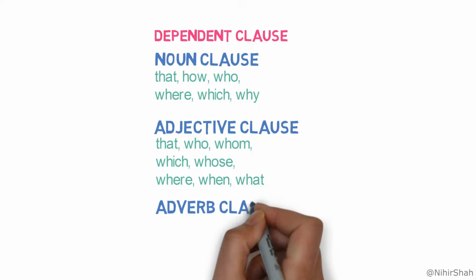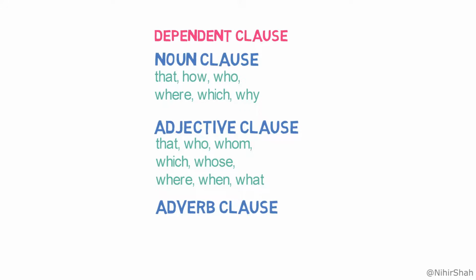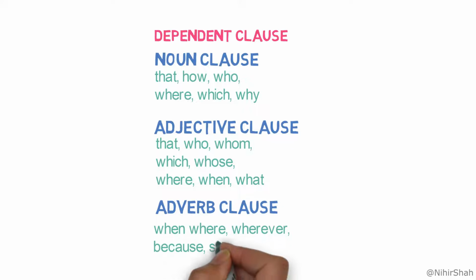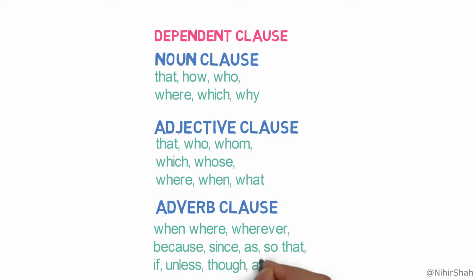Adverb clause, which will be acting as an adverb in the sentence, and it will be having the subordinating conjunctions including when, where, wherever, because, since, as, so that, if, unless, though, although, etc.